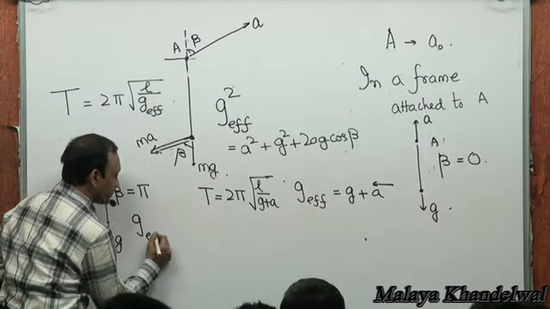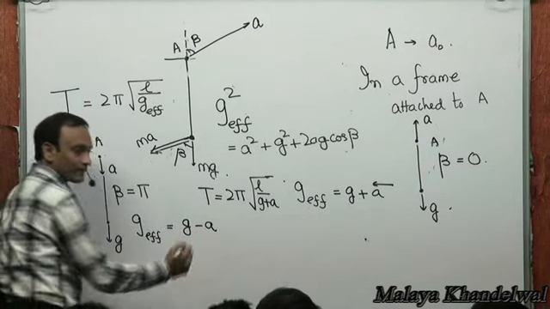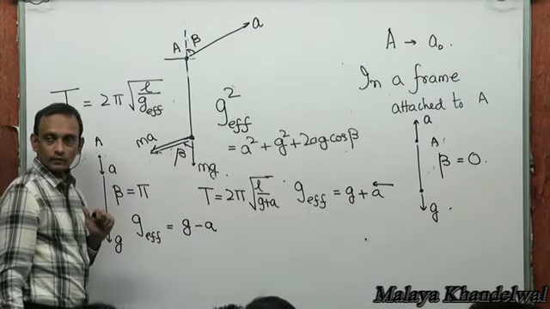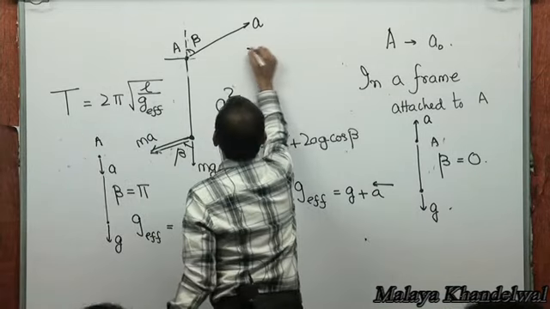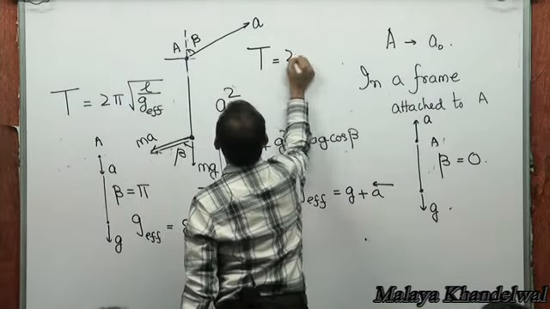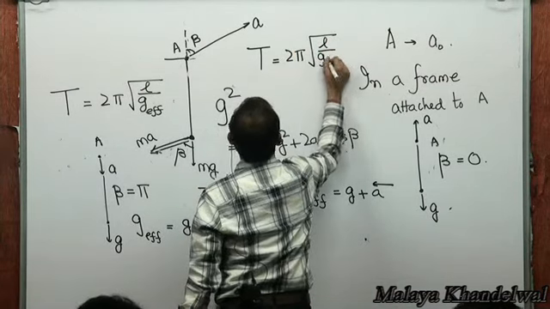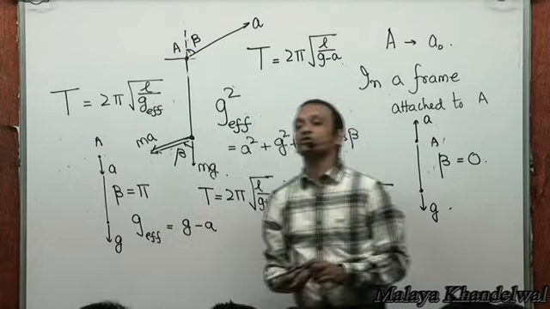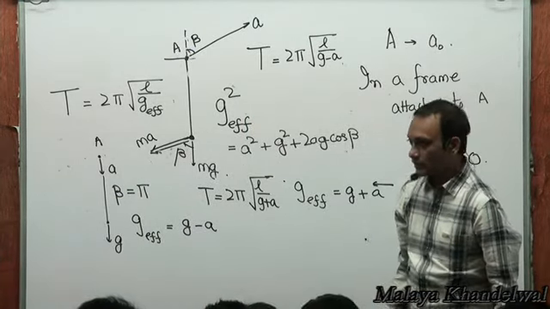G effective then would be G minus A, as you expected. The time period, if it were to be moving downwards with an acceleration A, would be 2 pi root L by G minus A. Right?